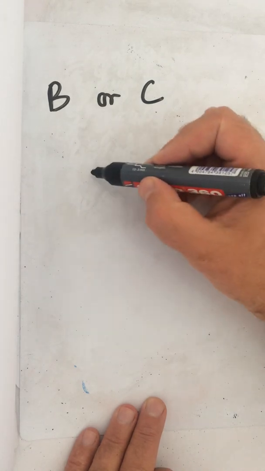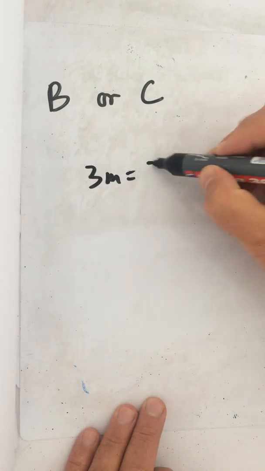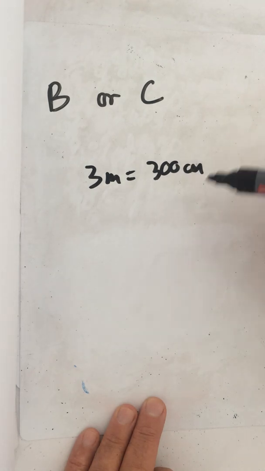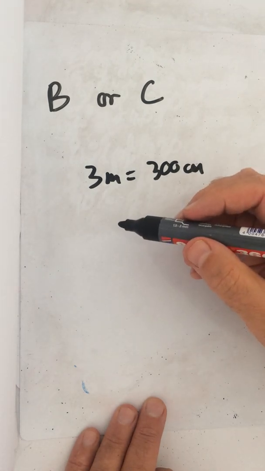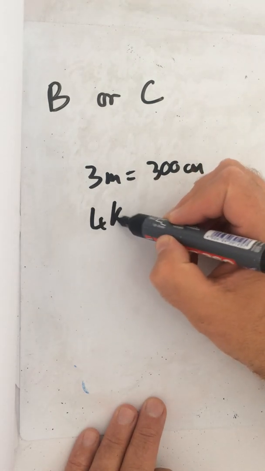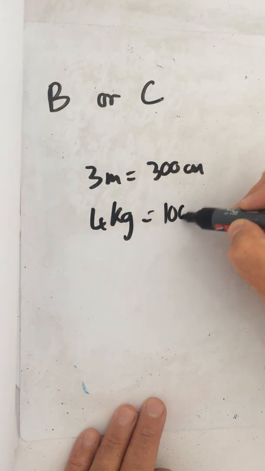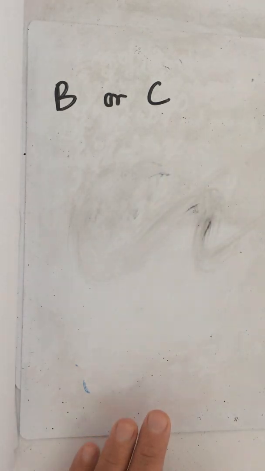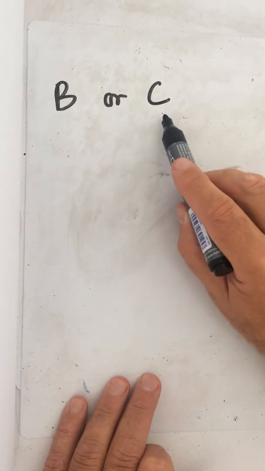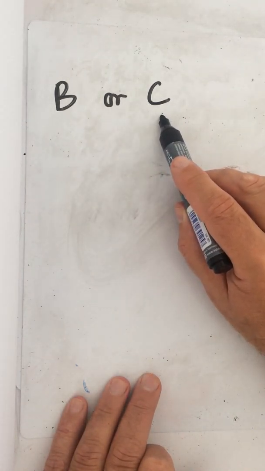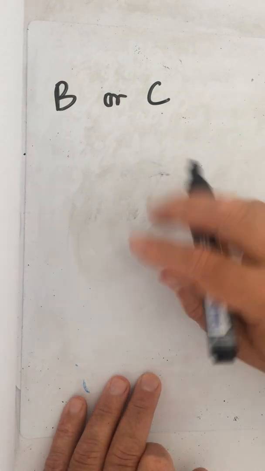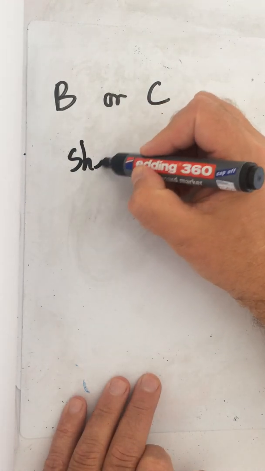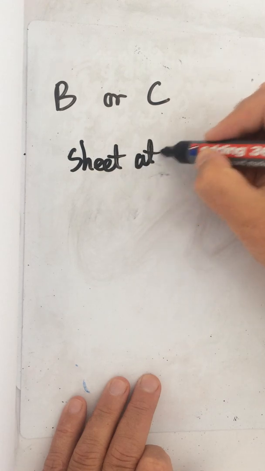So you might have to change, say, 3 meters into 300 centimeters, or you might have to change 4 kilograms to 4,000 grams. But it's up to you. You can start on B or start on C, and just have a go. And again, it's on the sheet attached to the portal.